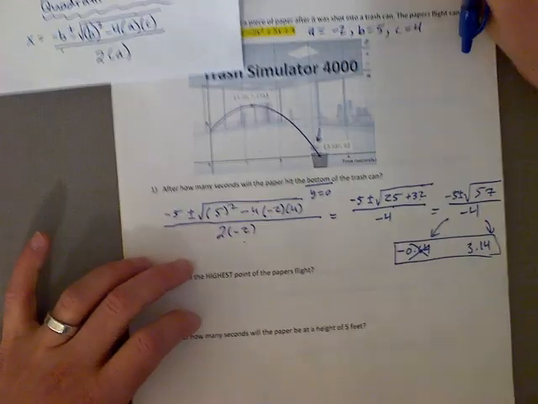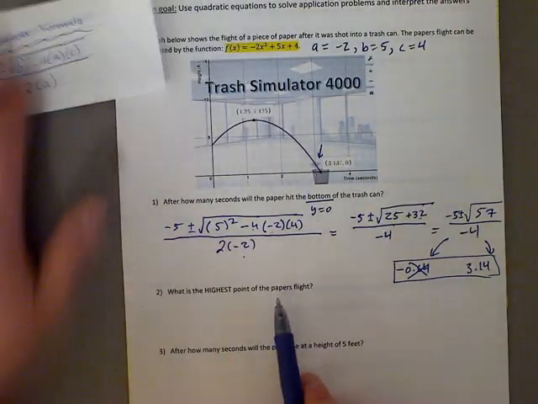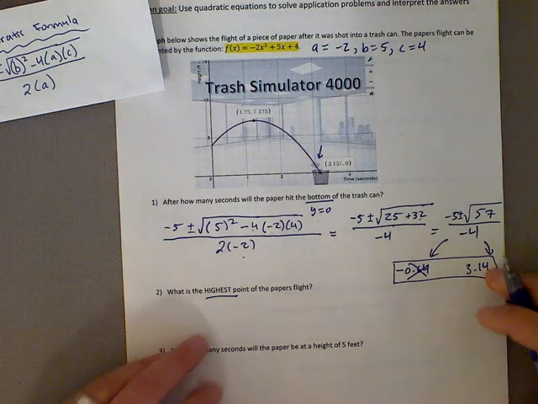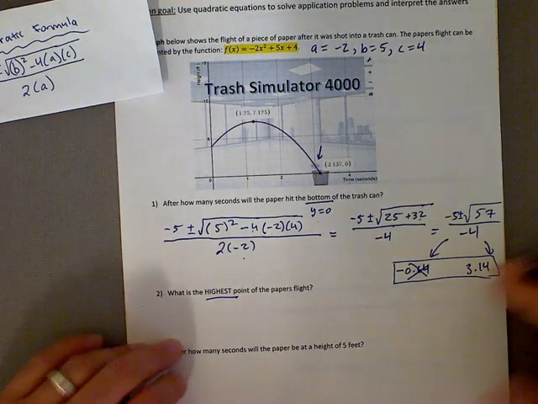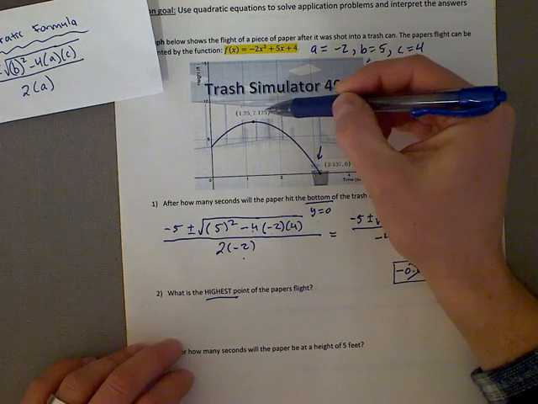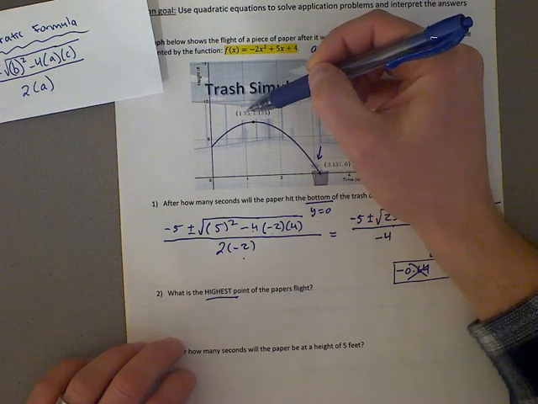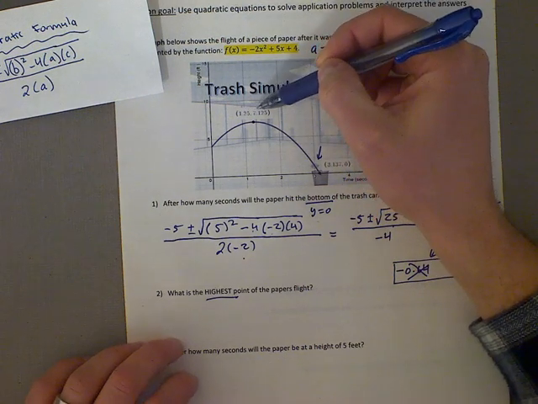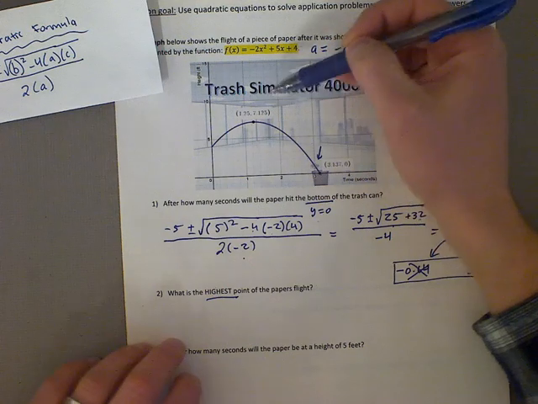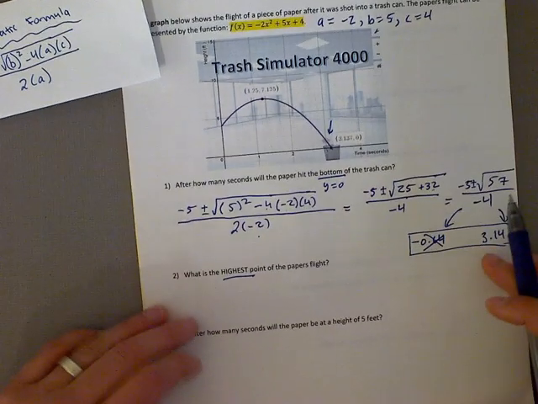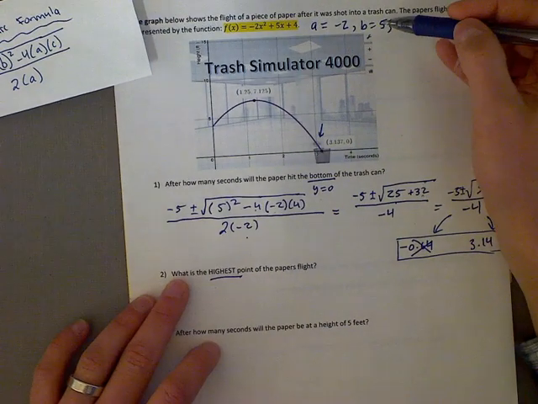So the next thing we can do with this is figure out what's going to be the highest point of the paper's flight. In this case, you can see on the graph, the highest point happens at 1.25 seconds, and it's about 7.1 feet, but let's show that mathematically using the same function.